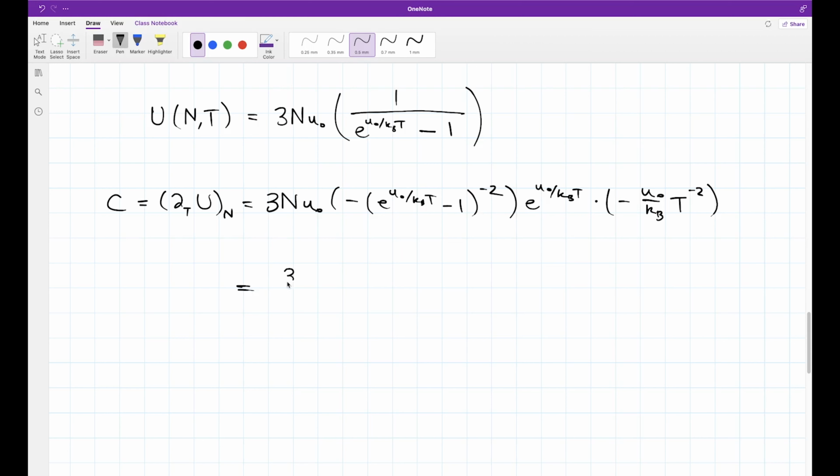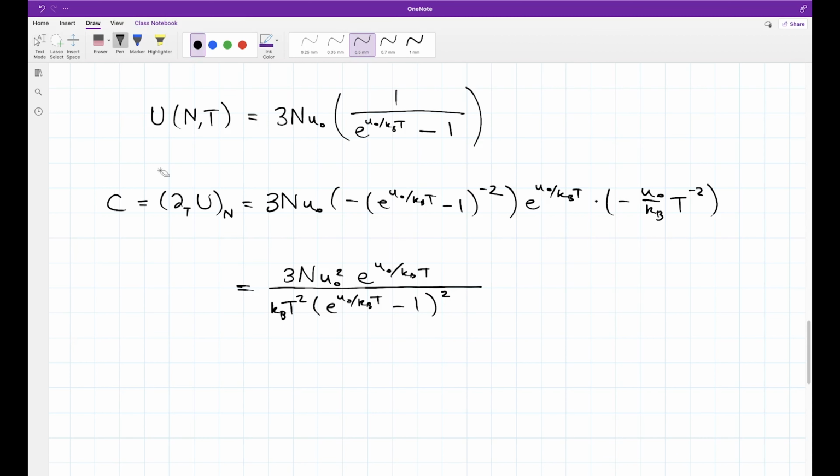And we'll get 3N u naught squared times e to the u naught over kBT. And in the denominator, we get kBT squared from this and this, times e to the u naught over kBT minus 1 quantity squared.